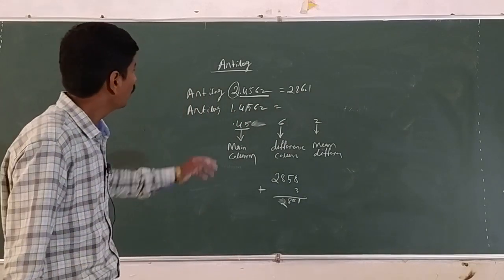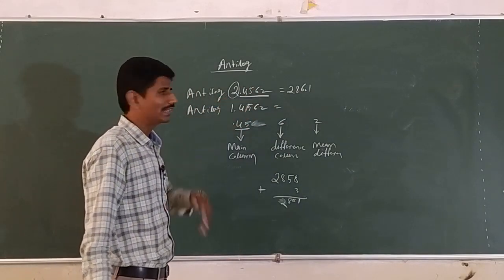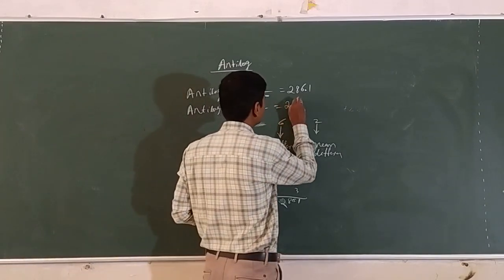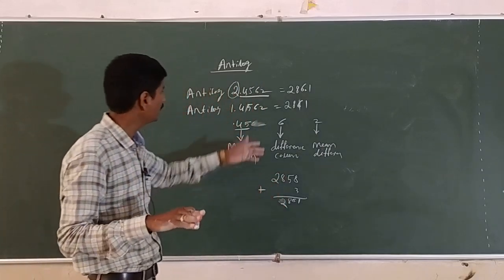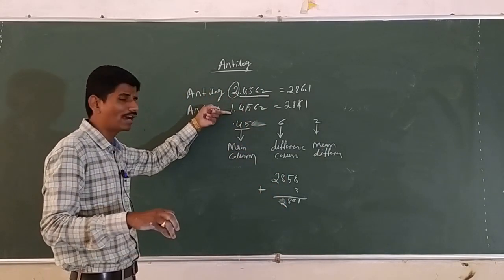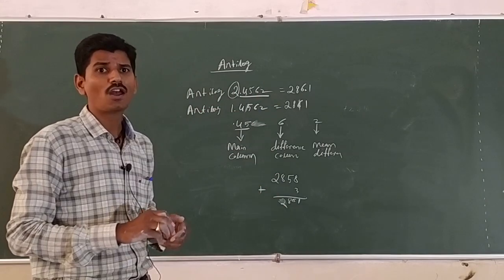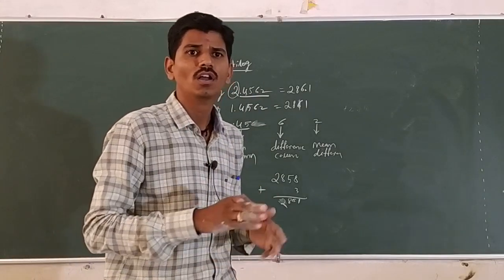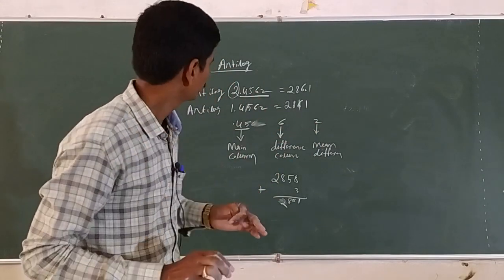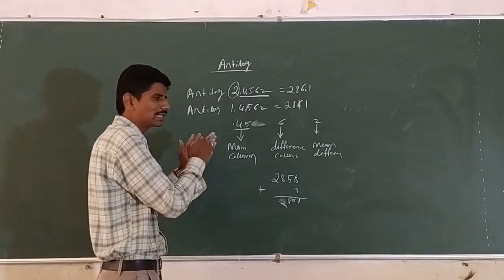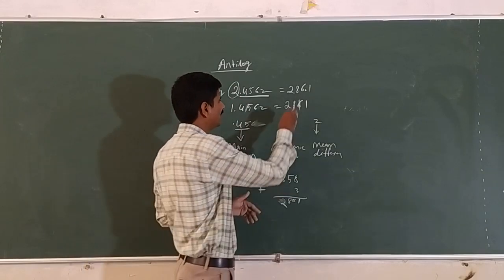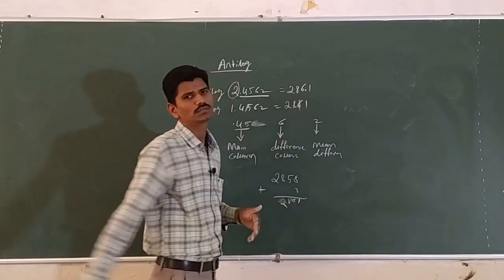Here the mantissa is always the same, 2861. In logarithm and anti-logarithm, the mantissa is always the same. Here the characteristic is 1. In anti-logarithm, characteristic plus 1. 1 plus 1 is 2. Then put the decimal point after the second digit, that is 28.61.